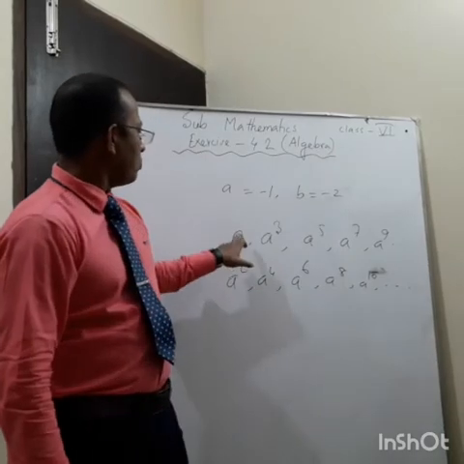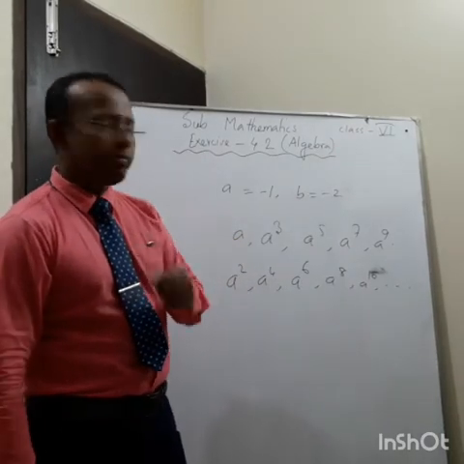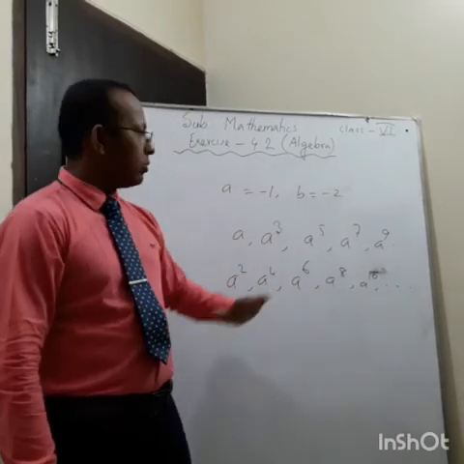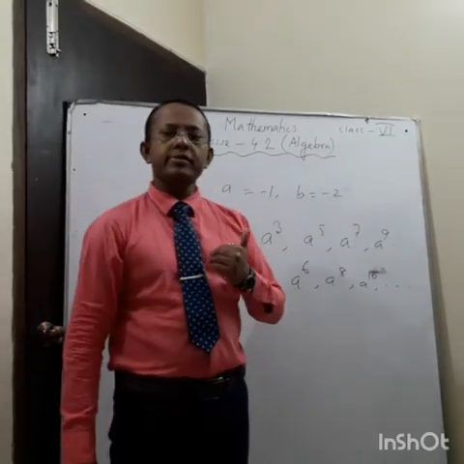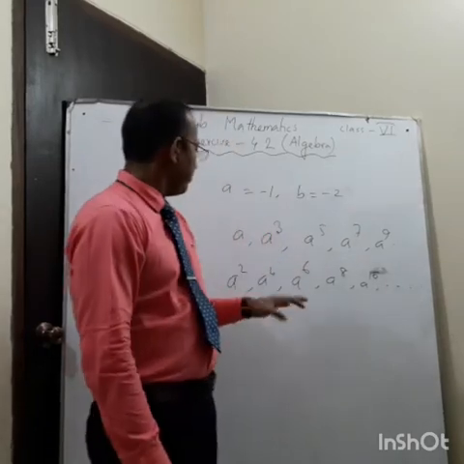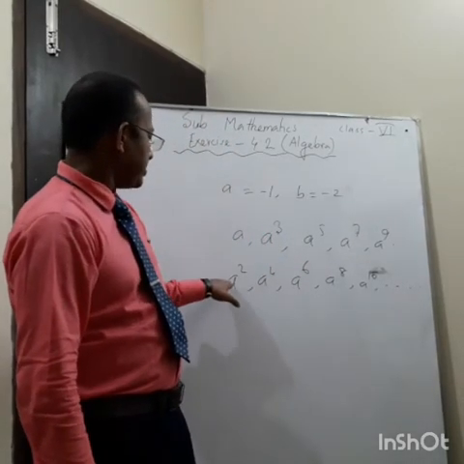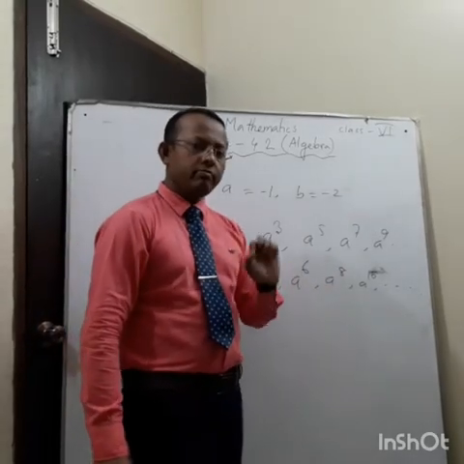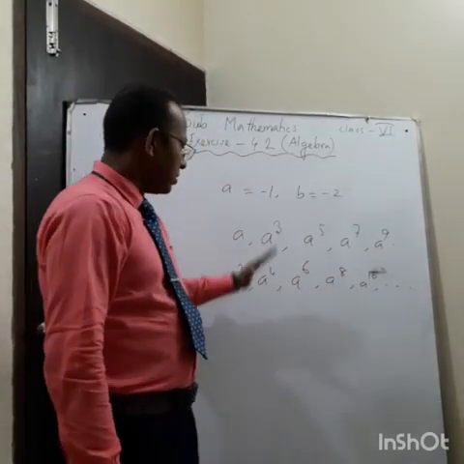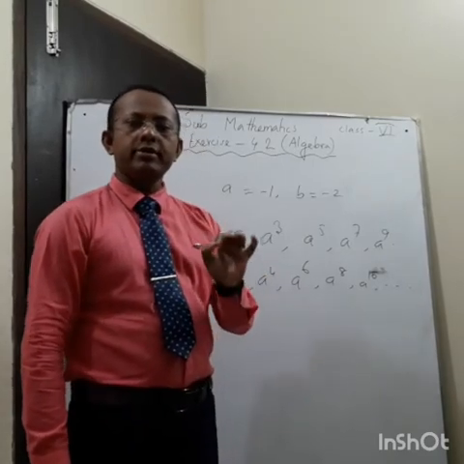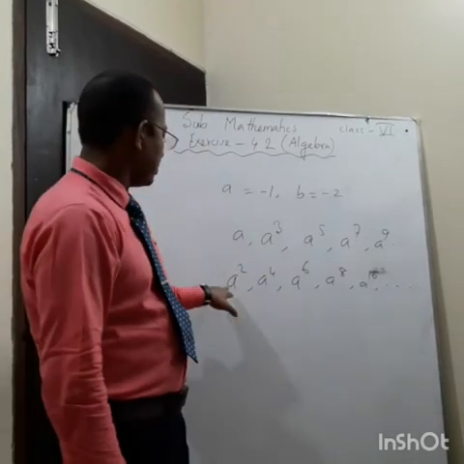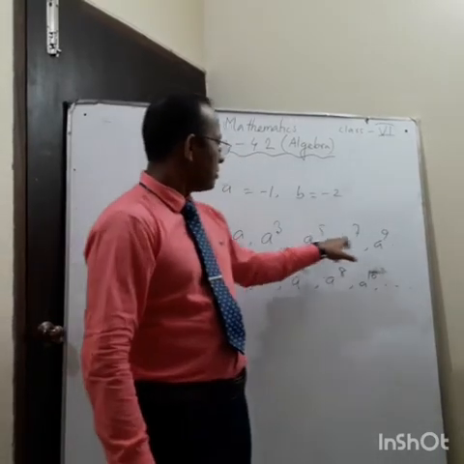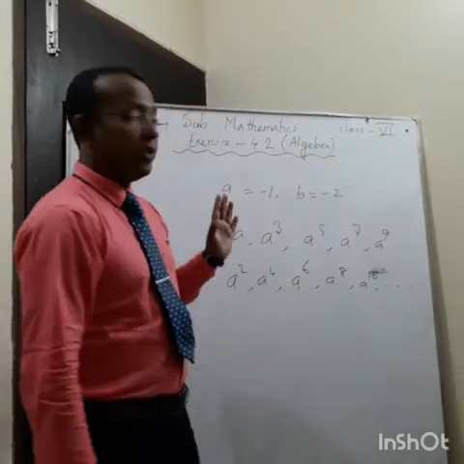Perceive that when the base is negative and the power is odd, in that moment the value is always negative. And if the base is negative and the power is even, in that moment the value will always be positive.